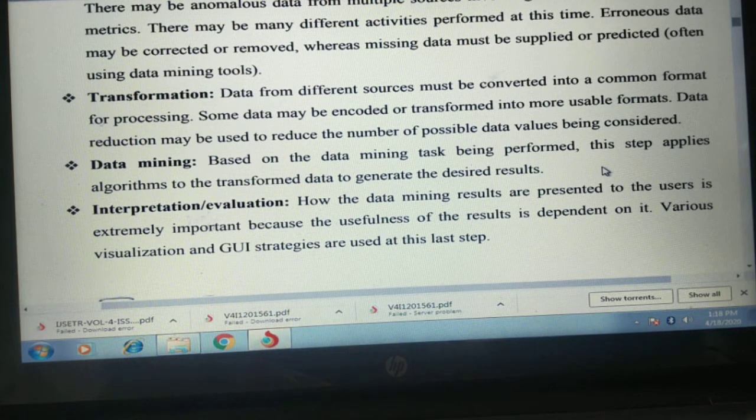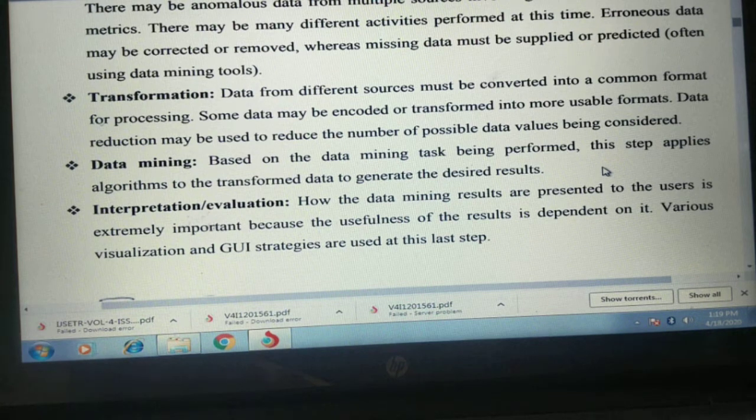In this step, how the data mining results are presented to the user is very important, and it depends upon various visualization and GUI techniques, so that the user can easily interpret and evaluate the data. This is the function of this step.